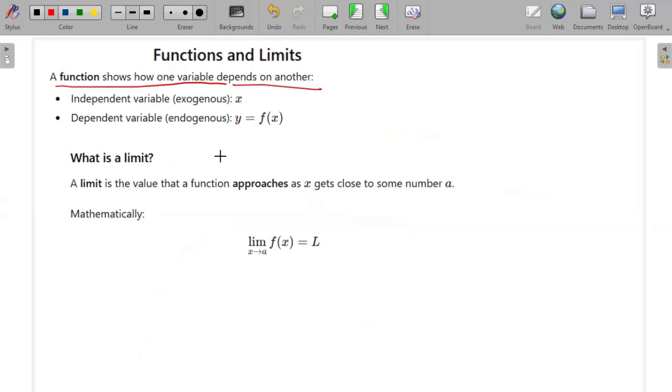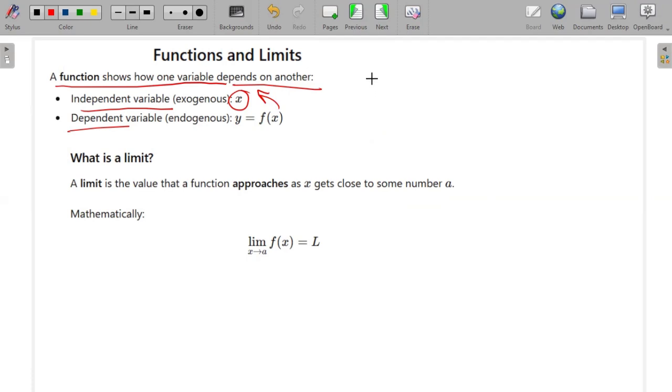So in that function, you need to have an independent variable, an exogenous variable, which we usually denote by x. It's independent, meaning it's not affected by anything. And then you have the dependent variable, the endogenous one, which depends upon the value that x is going to take.